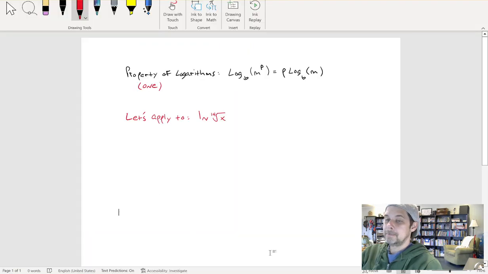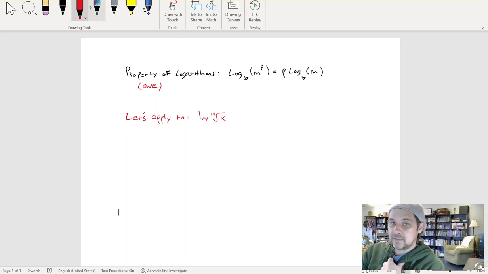Okay, now it said something about the properties of logarithms, and there are several different properties of logarithms, but one property, and the one that I think is applicable to this question, is the one that says a logarithm of any base of some number to a power is such that you can move that power out front and multiply in the logarithm.